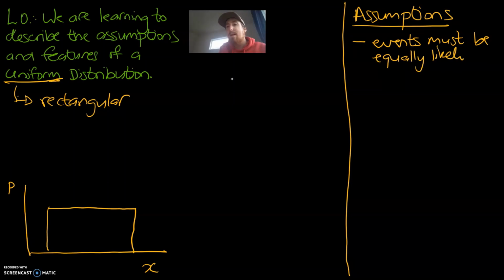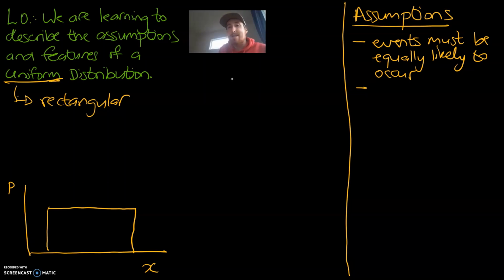Equally likely to occur. And what that means is that really represents the rectangular nature of it. At every single point on our graph, each outcome is as likely as the other. Without that assumption, you don't have a uniform distribution model.